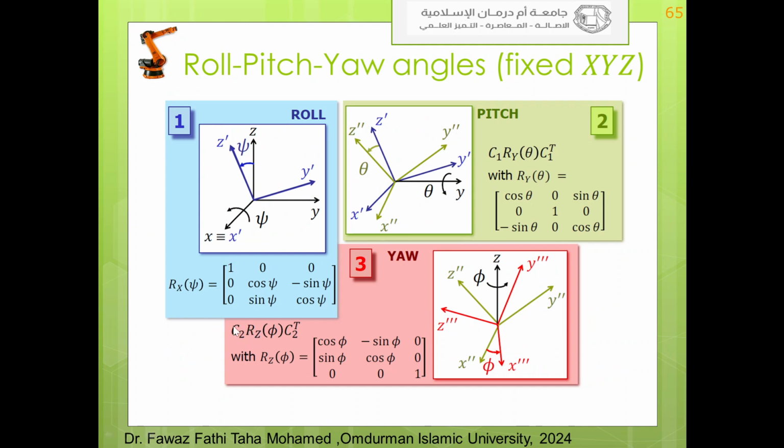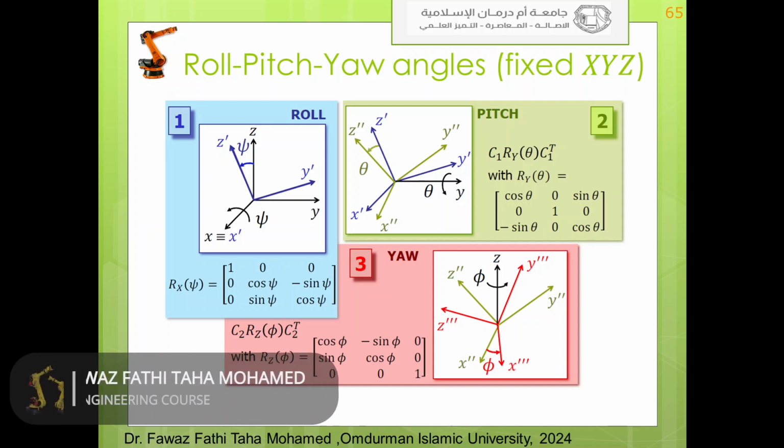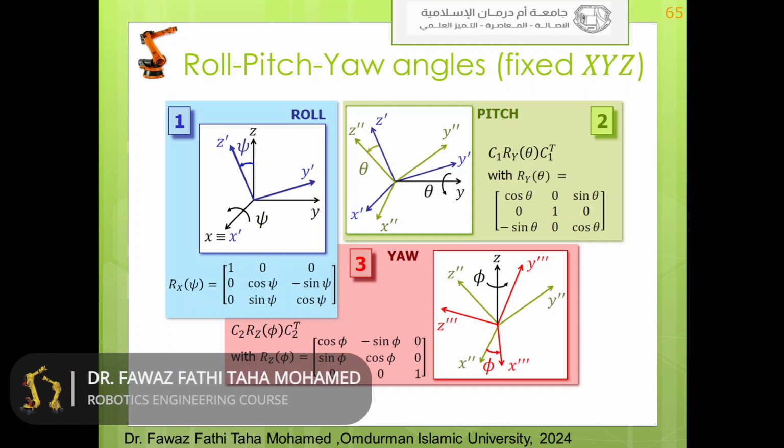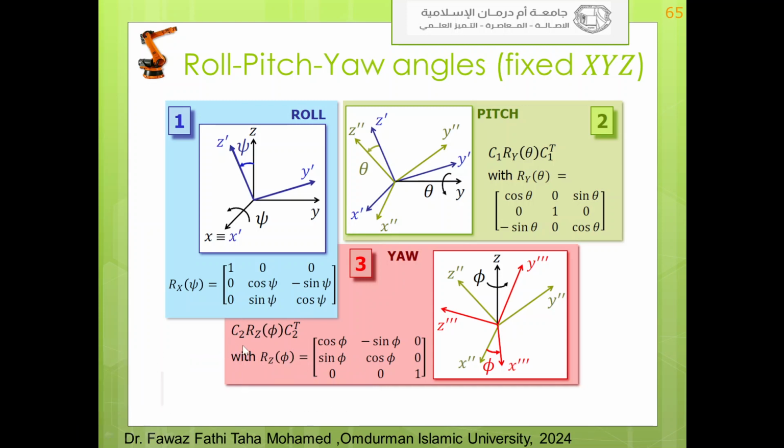Similarly, C2 means I have to return back and invert everything, and make a rotation around Z, and then invert this C2 movement.